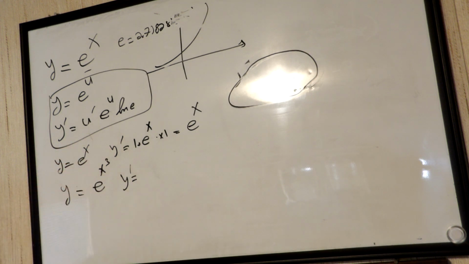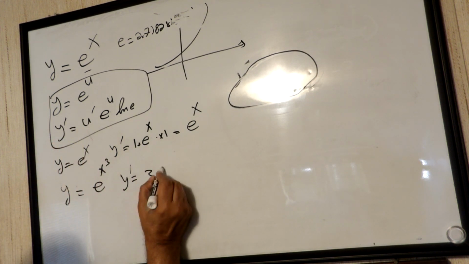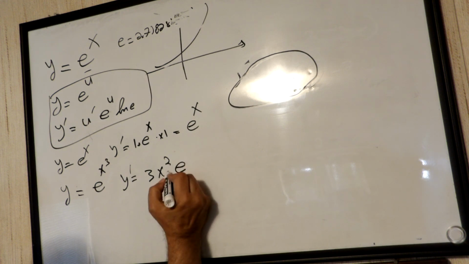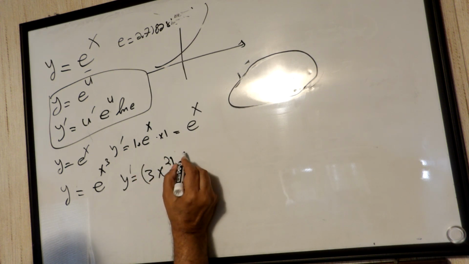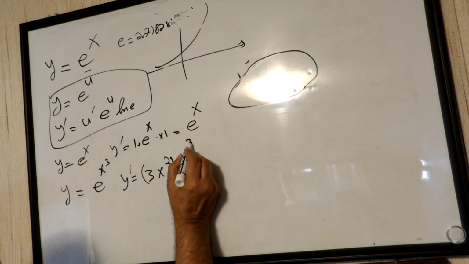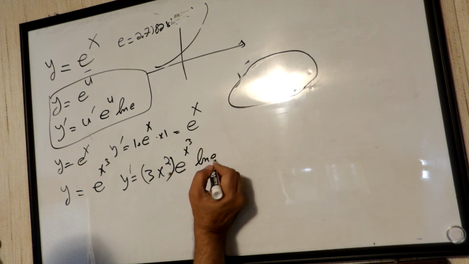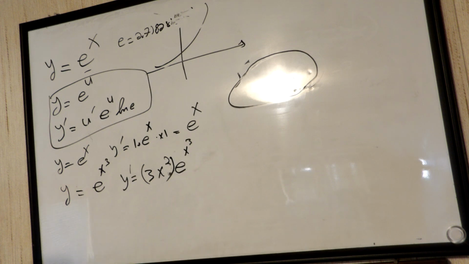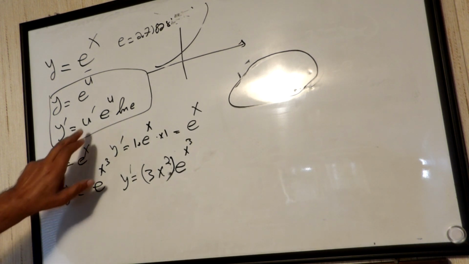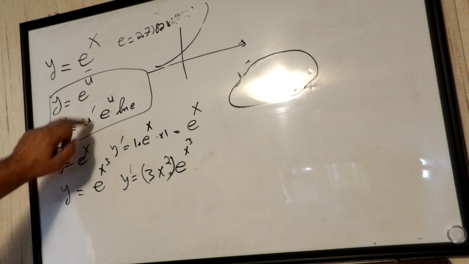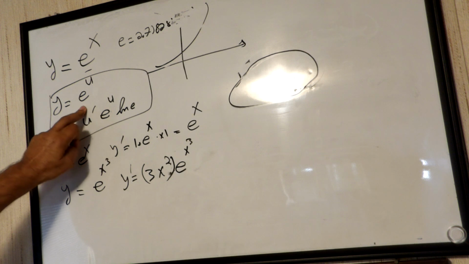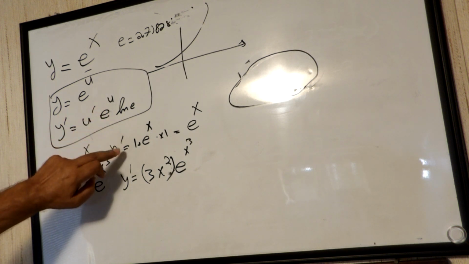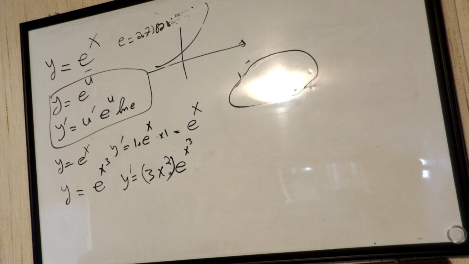This is u, so the u prime is going to be 3x squared, and then we write times, either this or parentheses mean multiplication, e to the power of x cubed, and then ln e, which is 1, so we don't write it. So this is the derivative of the exponent, and then you write exactly e to the power of u, and that's it.